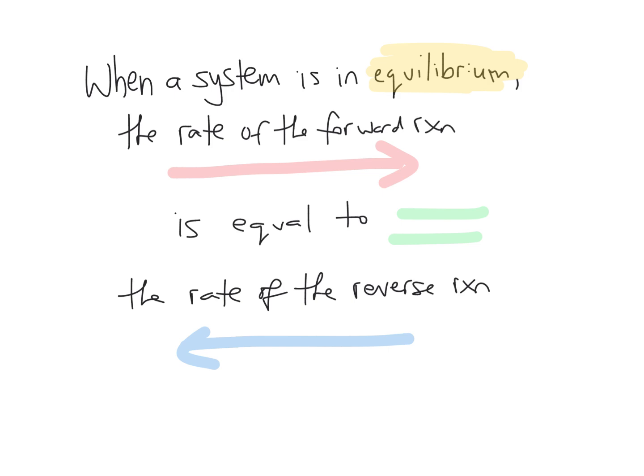But the most important thing to remember, and the definition of it, is that the rate of the forward reaction is equal to the rate of the reverse reaction. So that means the reactions themselves do not stop occurring. There are still molecules colliding on either side and reacting. But if we look at the reactants and the products respectively, we don't see a change in the relative amounts of the reactants and products. So we'll describe this further.